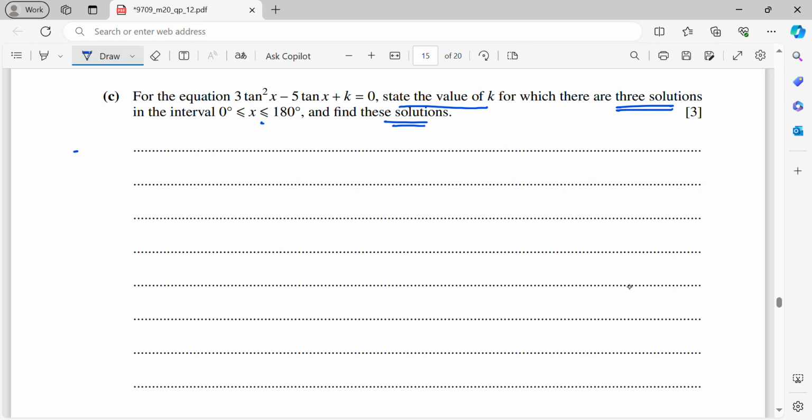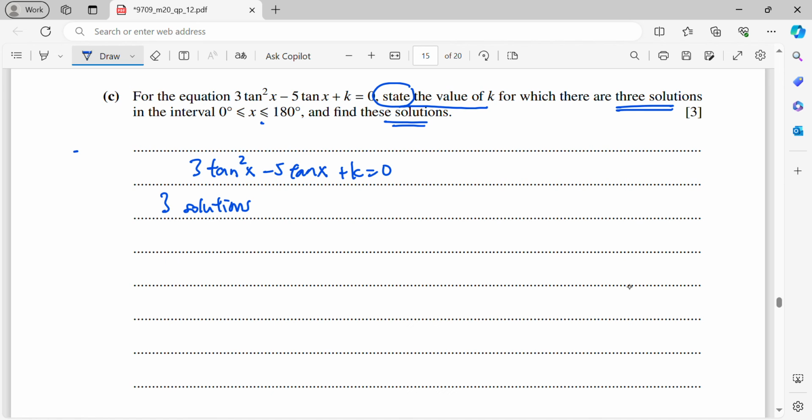Alright, so now you see 3 tan squared x minus 5 tan x plus k equals 0. When 3 solutions, because the question just says state, supposedly there's no working, just the final answer.